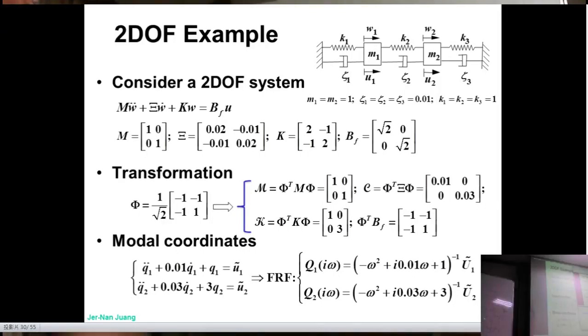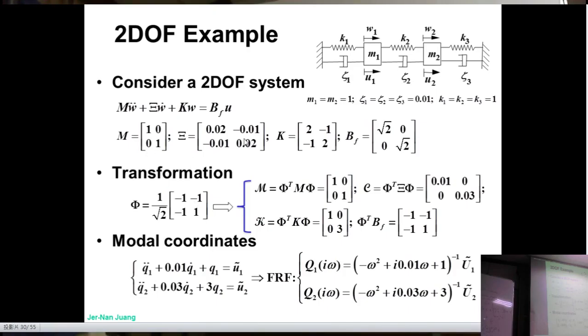So this is more general, and the notes are just 2 by 2. With this 2 by 2 matrix, you have to look carefully, because now the advantage of the transformation from the physical coordinate, W, to the Q, the modal coordinate, is that you decouple the ordinary differential equations into uncoupled equations.